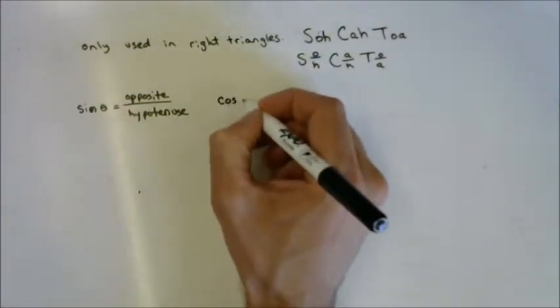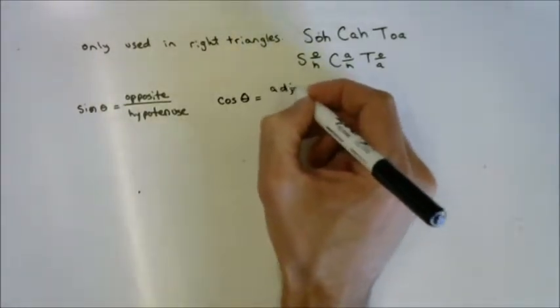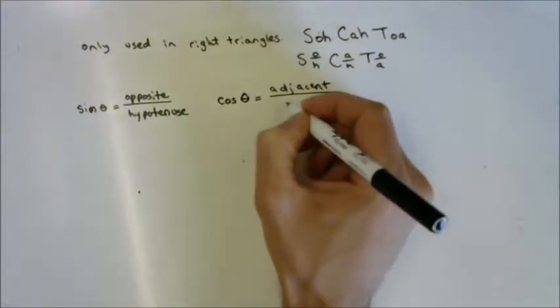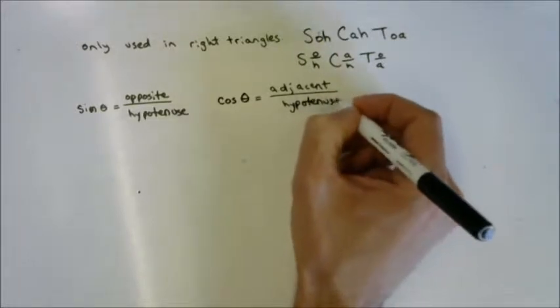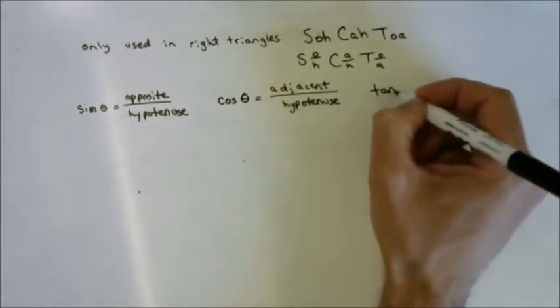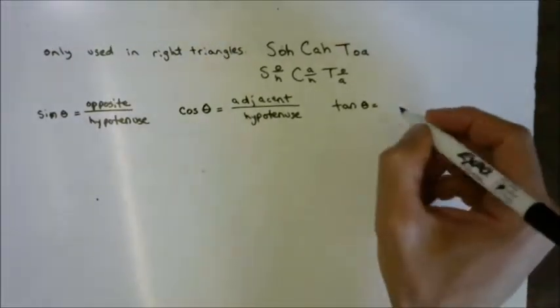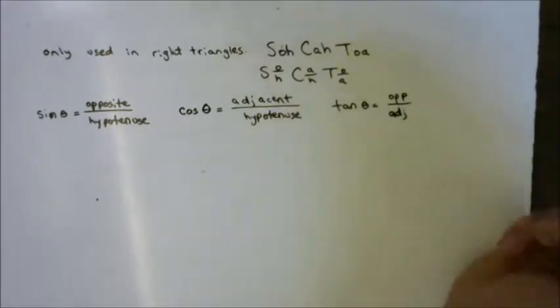We also have a cosine ratio, where the cosine of a given angle is equal to the adjacent side of the triangle over the hypotenuse. And the last primary trig ratio is tangent. The tangent of angle theta is equal to the opposite side over the adjacent side.